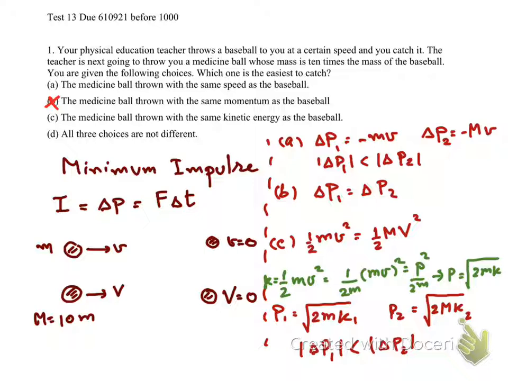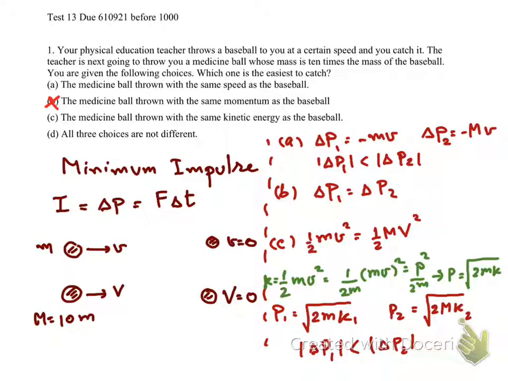In case A, the change of the momentum is mv, and for the medicine ball, the change of the momentum is a capital Mv. They have the same speed v, so the magnitude of the change of the momentum of the medicine ball is larger than that of the baseball. It means that catching the medicine ball is harder than catching the baseball. Okay.